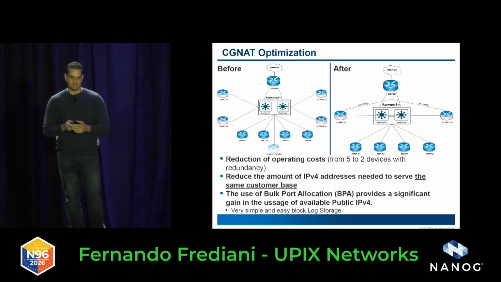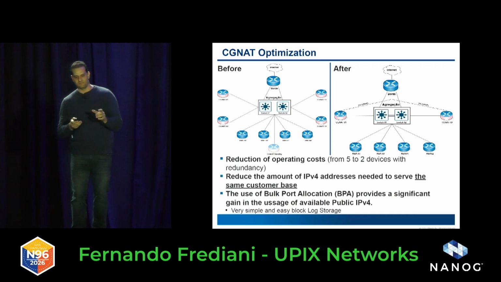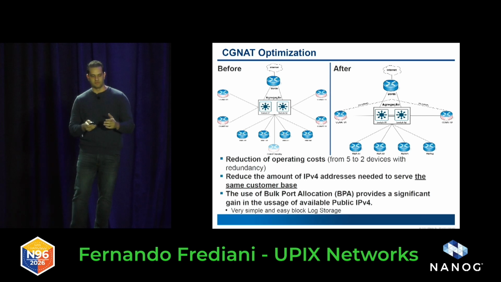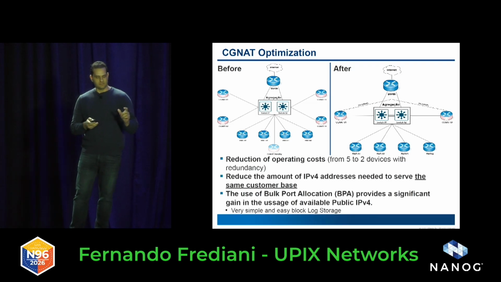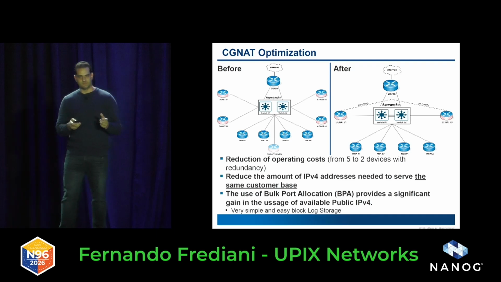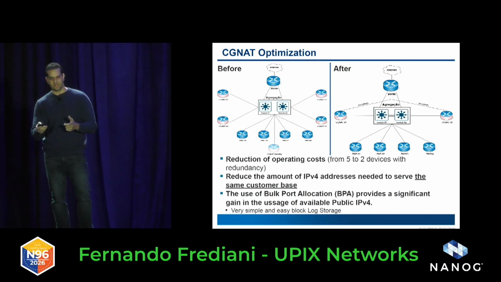Many providers I see do fixed CGNAT, and that locks you to an amount of IPs that you must have available there. With block port allocation, you have a lot of flexibility and you gain a lot on saving IPv4. The only thing that you need to do is store the logs. Many people get afraid of storing the logs for CGNAT, but it's not a big deal. It's quite a simple thing.